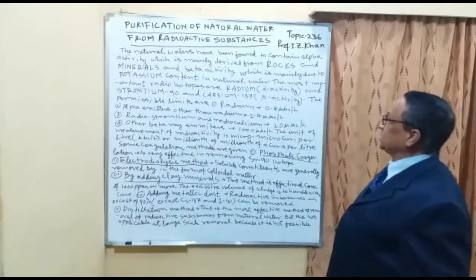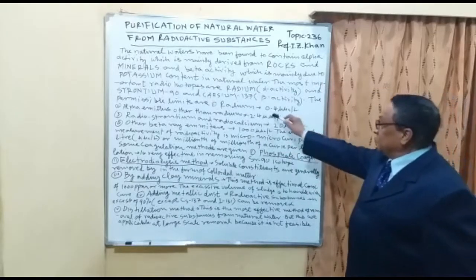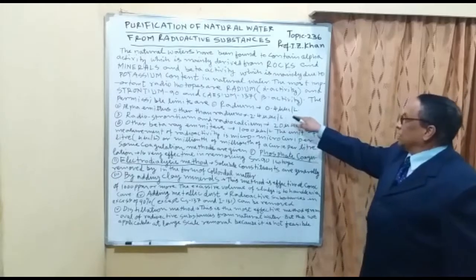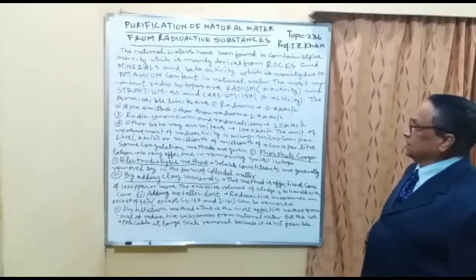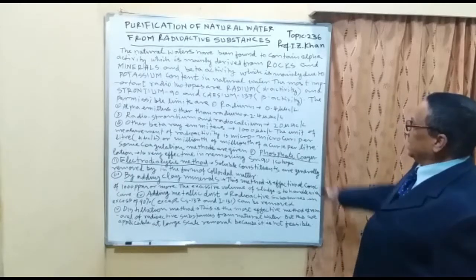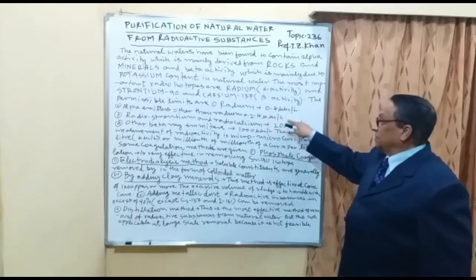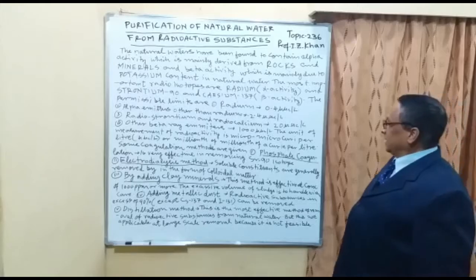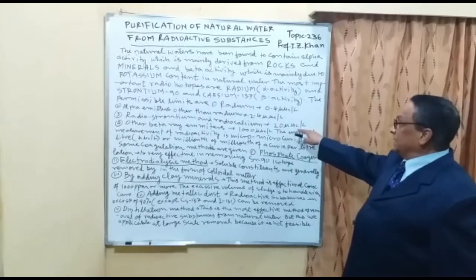So what are the permissible limits? The first one is radium, whose limit is 0.4 micro Curie per liter. Second, alpha emitters other than radium, 2.4 micro Curie per liter. Third, radiostrontium and radiocalcium should be 20 micro Curie per liter.